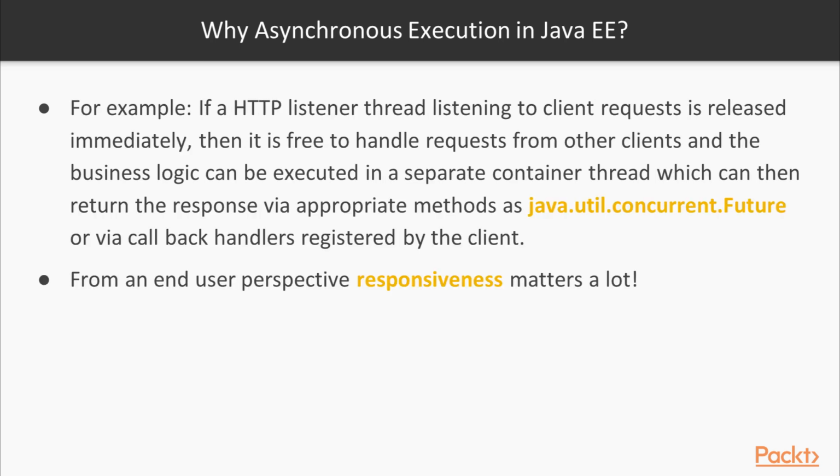Let's take, for example, a listener thread for an HTTP request released immediately, and then the business logic can be executed on a separate thread and respond either via a Java util concurrent future or by using a callback handler registered by the client. And that, of course, makes the application a lot more responsive and appealing to end users.